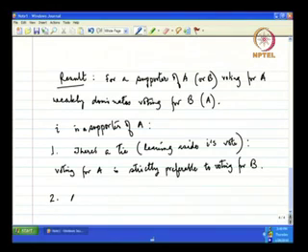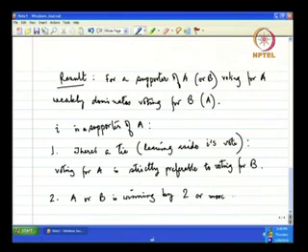Again, if I leave I out and consider the voting pattern of other voters, the other cases could be that one of the candidates, A or B, is winning by 2 or more votes.